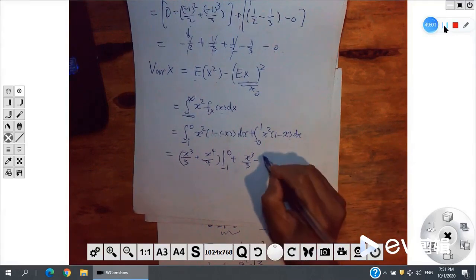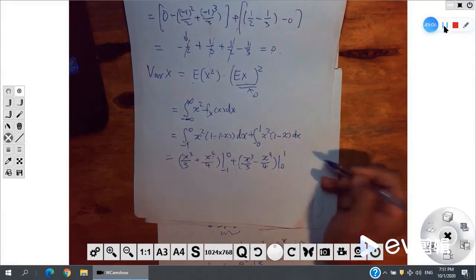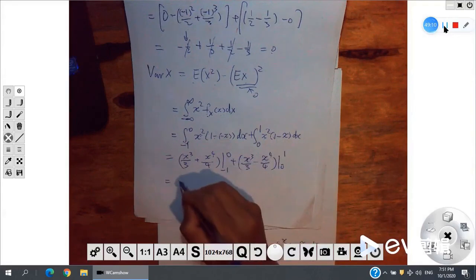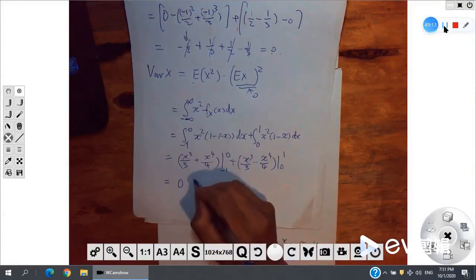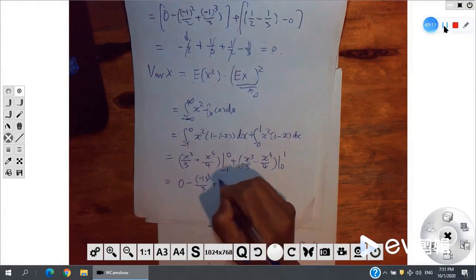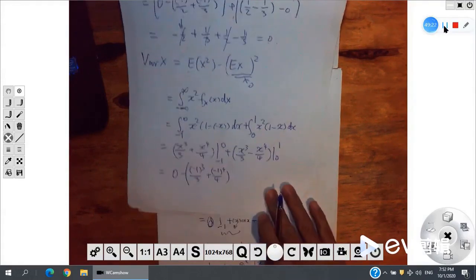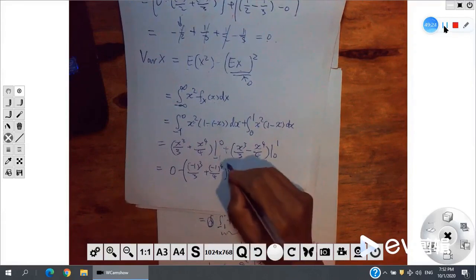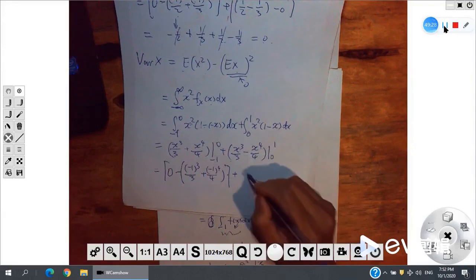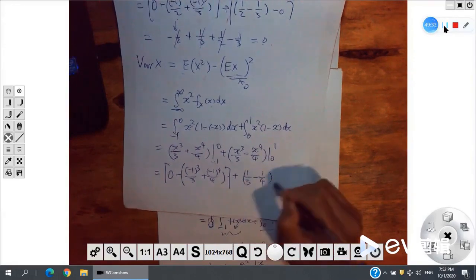After integral, I have x to the fourth over 4 from 0 to 1. Okay, plug in the values. Plugging in 0, I get 0. Plugging in negative 1, I have negative 1 cubed over 3 plus negative 1 to the fourth over 4. This is the first. And second part, plug in 1, I have 1 over 3 minus 1 over 4, then minus 0.